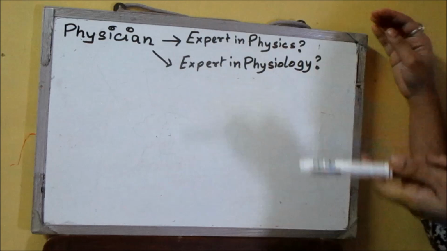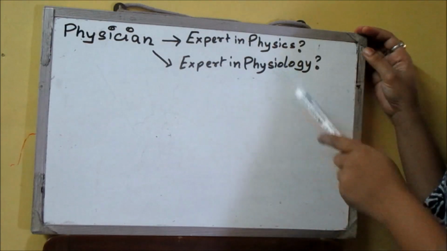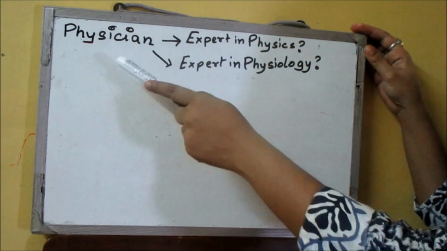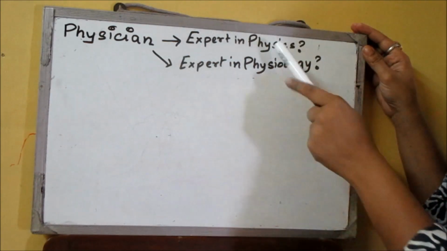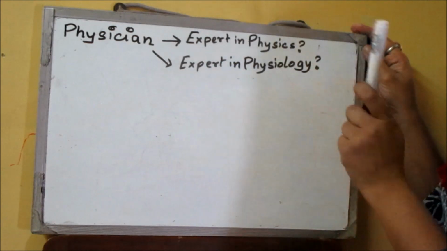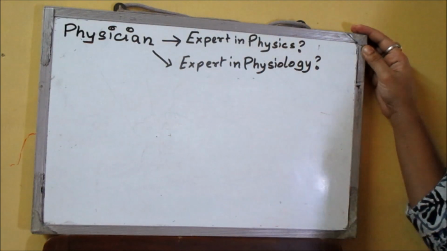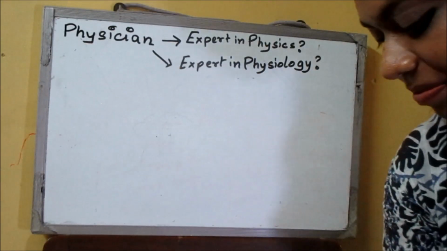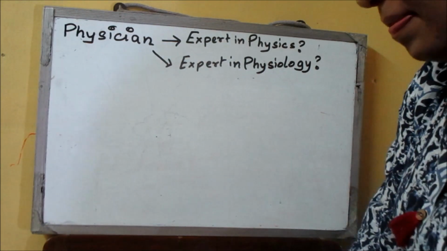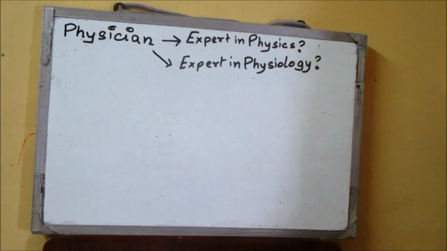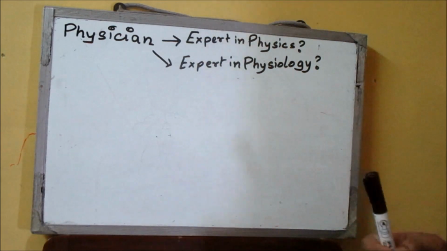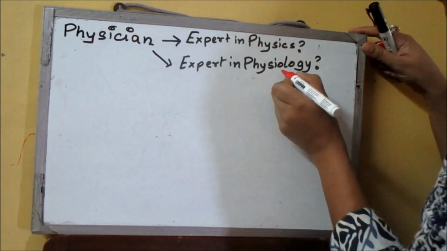Before we proceed forward, I have a question for you. Can you guess the meaning of physician? Does it mean an expert in physics or does it mean an expert in physiology? So please go down in the comments, write your answer and go ahead with the video. The correct answer for the meaning of physician is an expert in physiology.